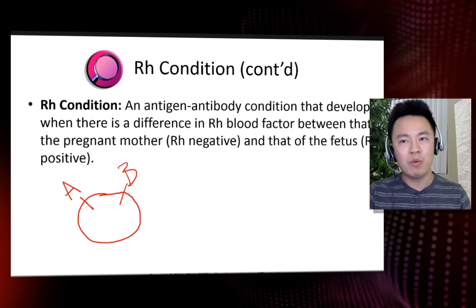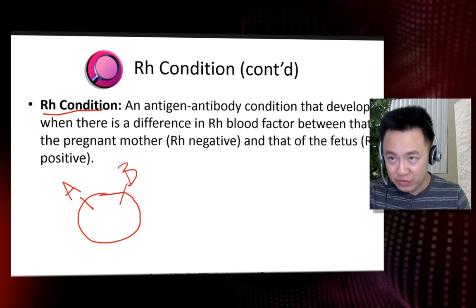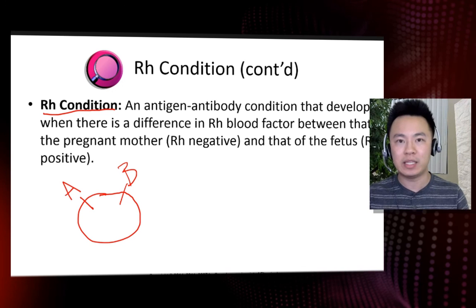But there's one more factor that is considered here, and that is known as the Rh factor, which is an antigen-antibody condition that develops when there is a difference in Rh blood factor between that of the mother and that of the fetus.